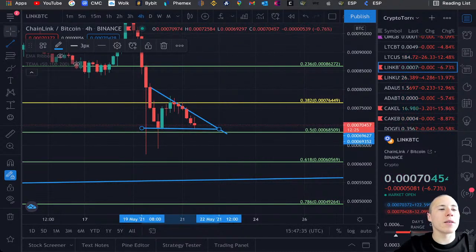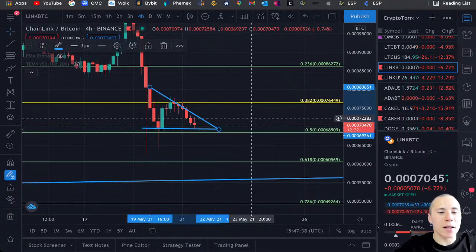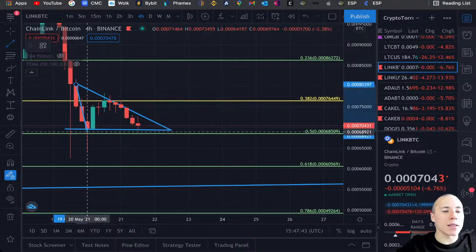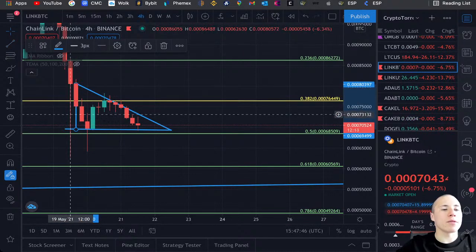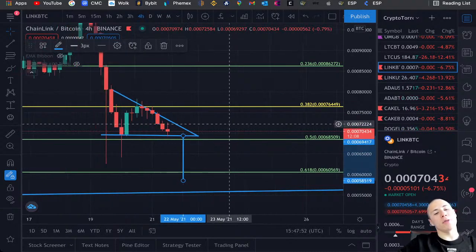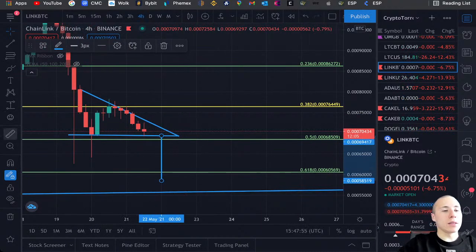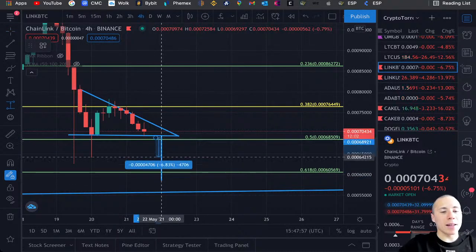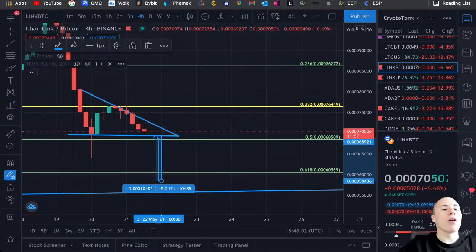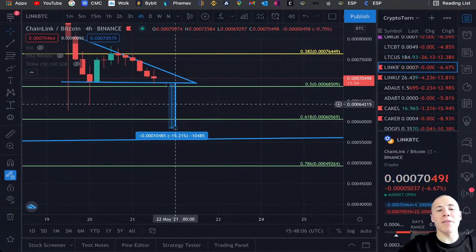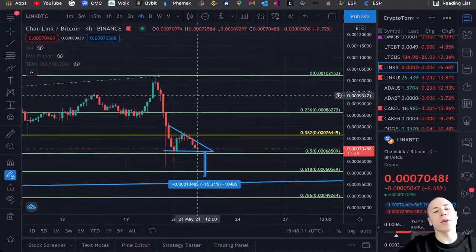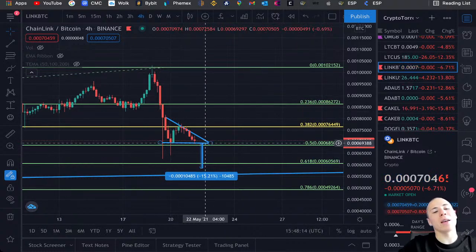If Chainlink breaks out toward the downside, we could be seeing a possible drop even further down, something similar to this, and that would be a drop of approximately, let's take a look, 15% towards the downside. Of course, it is not a major drop, but if you take a look at the overall drop that Chainlink already had during the past couple of hours, it would be an even further drop.